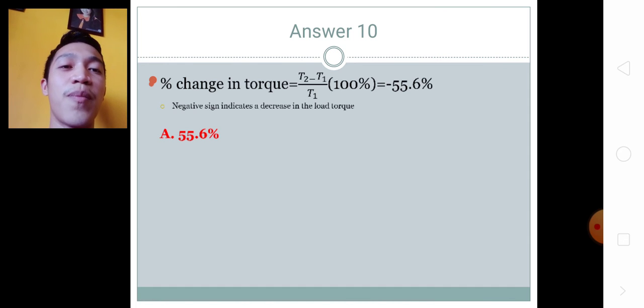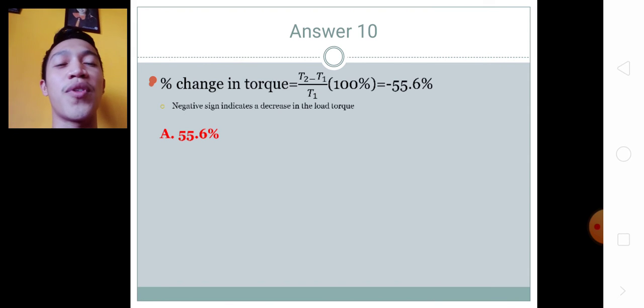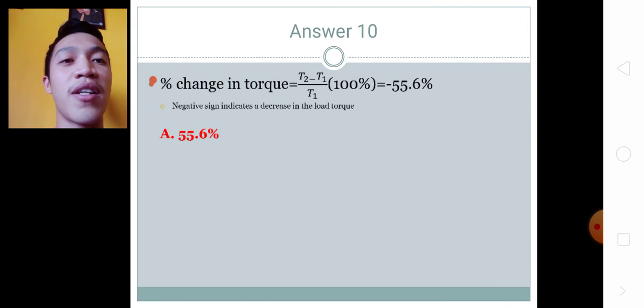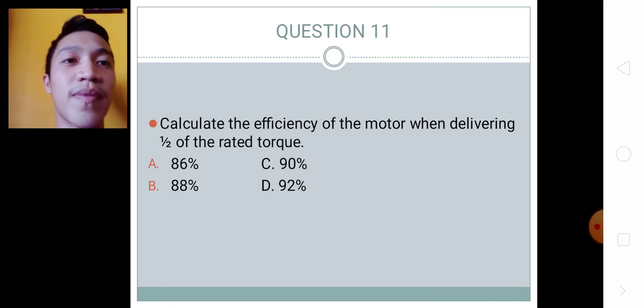We have negative 0.556 times 100, that's equal to negative 55.6%. Then the negative sign indicates a decrease in the torque. So we have the answer of 55.6%.